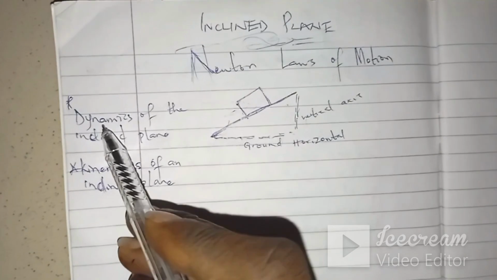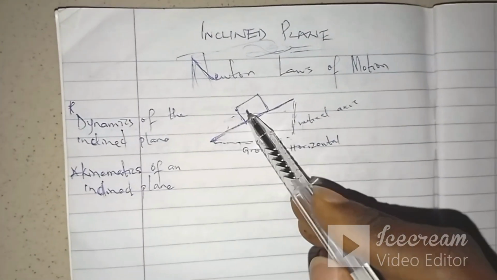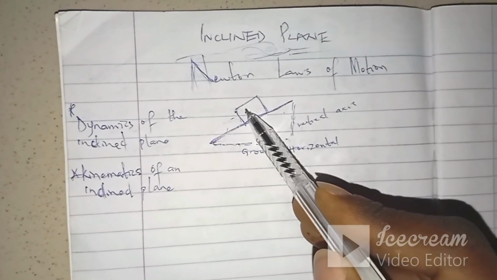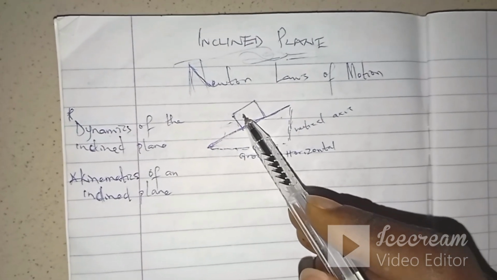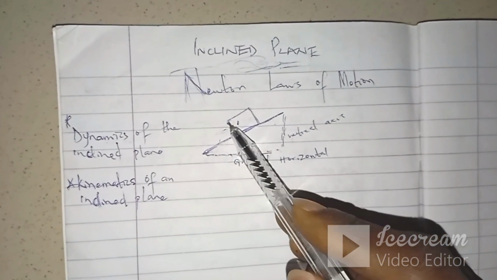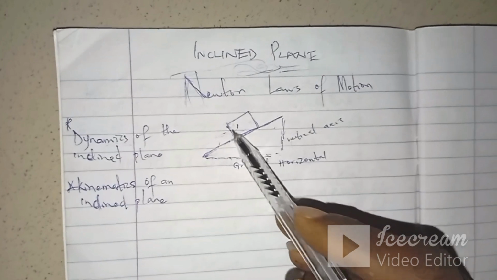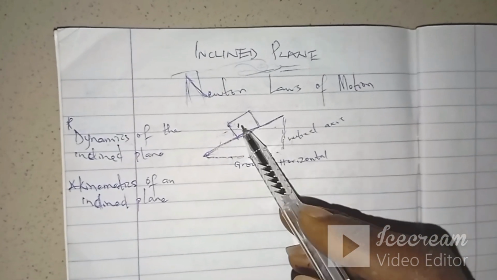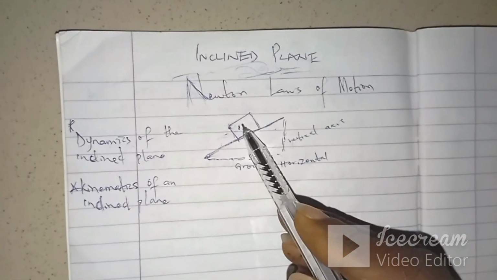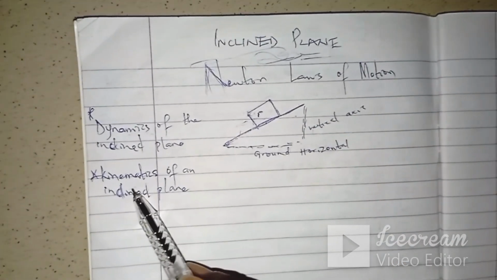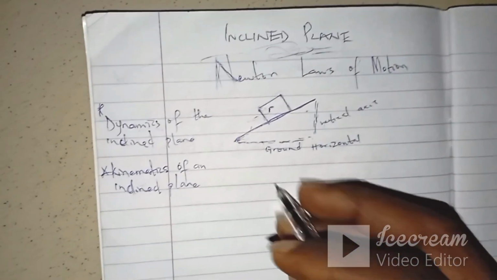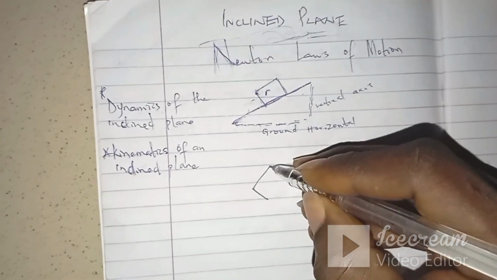With dynamics, we are checking the forces acting on these objects. That's what dynamics is all about. When you're treating motion, I'm paying attention to the forces that cause the motion. So I will check the forces acting on this object before I come and look at the kinematics aspect. And notice that this object is first this way.